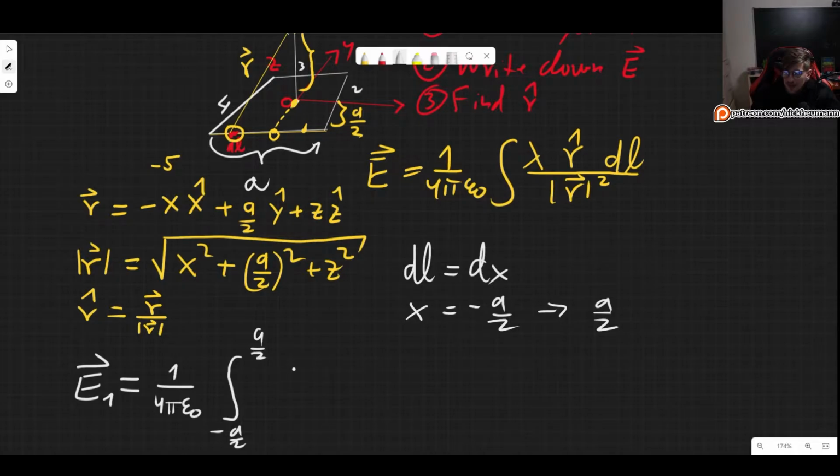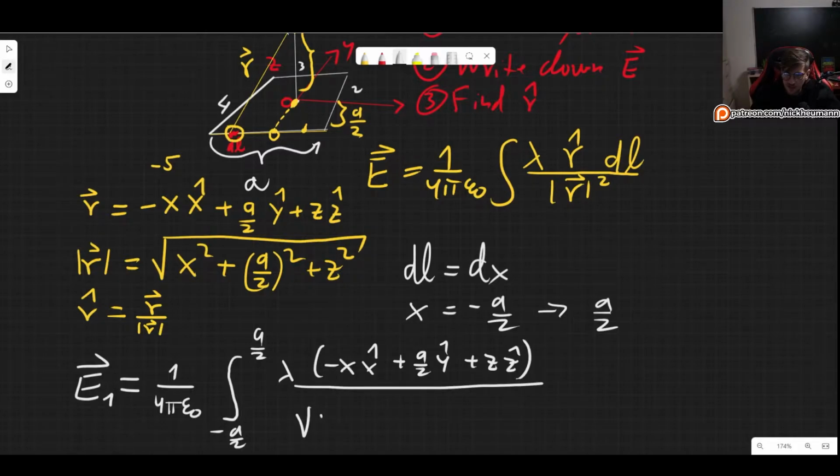Okay, now we have a lambda, the R hat vector, which will be minus x hat plus a over 2 y hat plus z hat, and all of this divided by x squared plus a over 2 squared plus z squared.